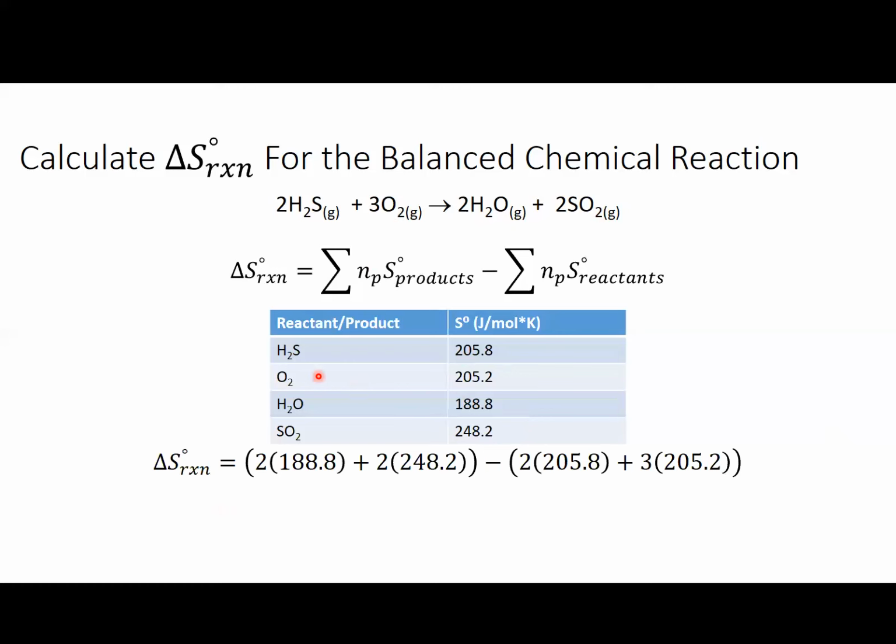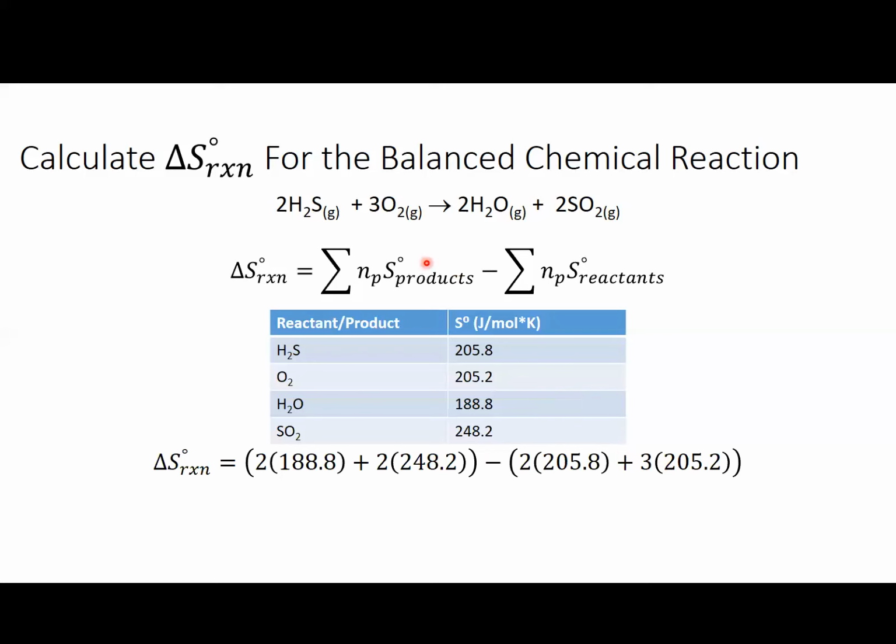When I arrange them, 2 times water, plus 2 times sulfur dioxide, minus 2 times H2S, and 3 times 205.2 for oxygen. So it's the sum of these two minus the sum of these two, literally what it says up here in this equation.